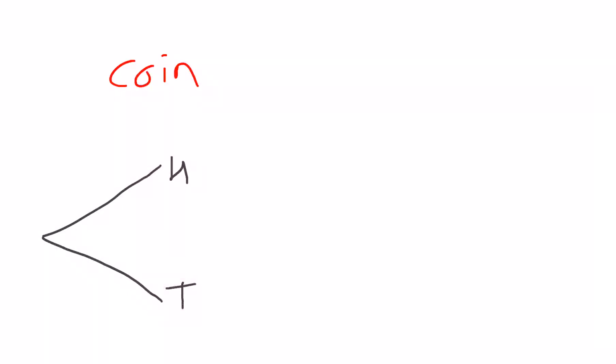We start by tossing the coin. Our options are either we'll get heads or we could get tails. After that, we've got the die. There's 4 different options for the die.